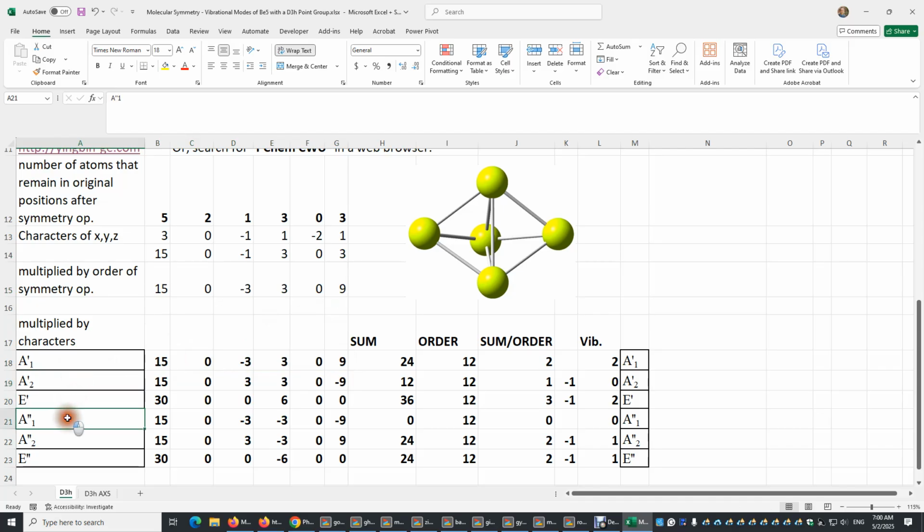Alright, we have 6 different symmetry operations. We multiply these by the 6 characters in the row of A1 prime. We multiply these 6 numbers with the 6 characters in the row of A2 prime. I'm going to double click this to show you one example. This number times B9.